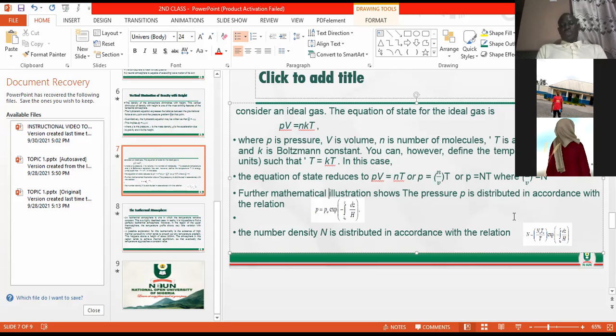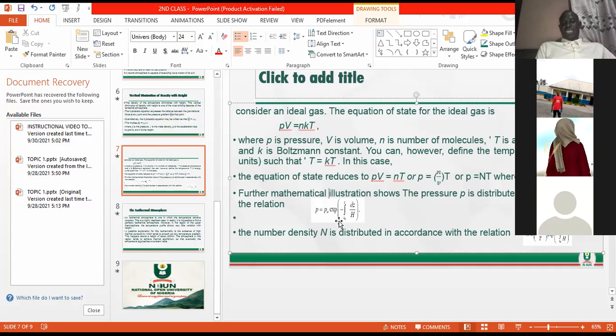Hello, can you hear me? Yes, sir. Look at it from this angle. We said N equals P over T. Now, but P is this, the whole of this. Hello? We can hear you. Yes, sir. Mathematical illustration shows us that pressure gives this.